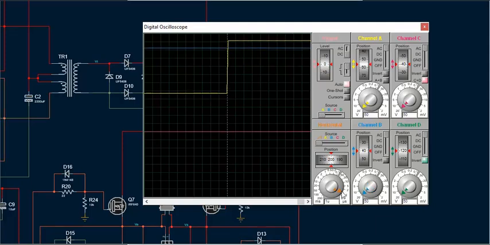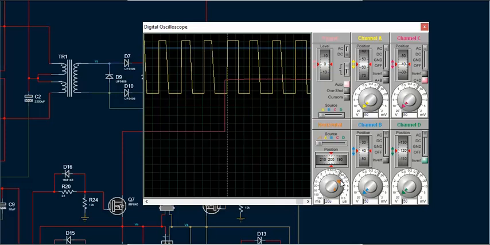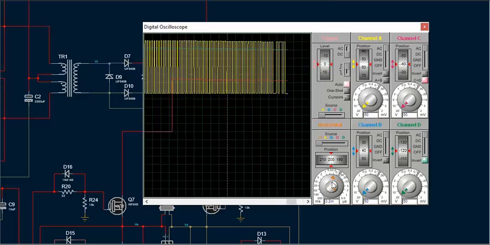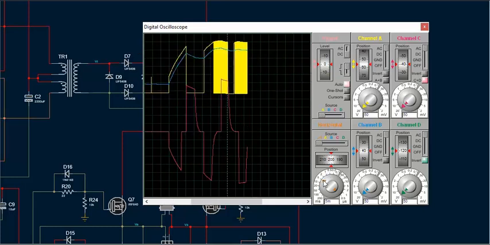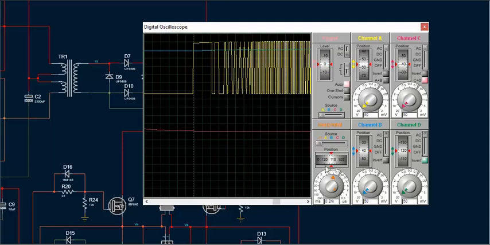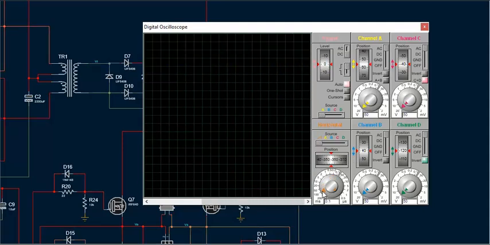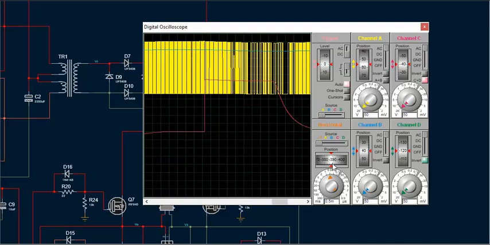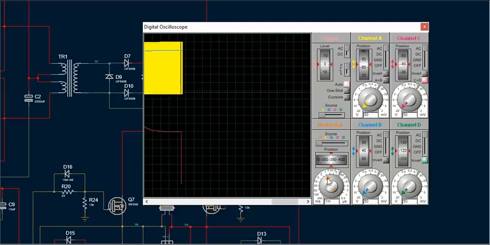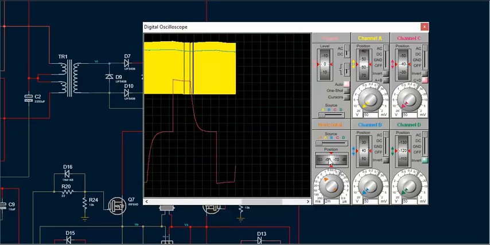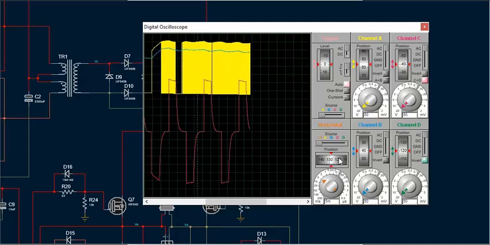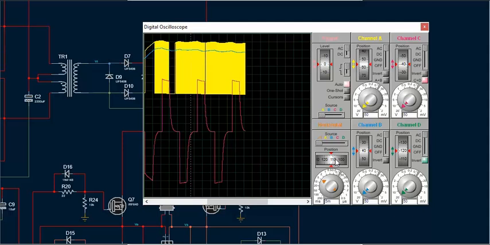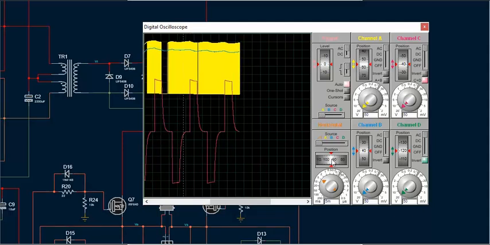The blue waveform is the high voltage DC output Vo after the capacitor filter. The pink red is the modified sine wave inverter output signal, VA, which is inverted VB, across the load.